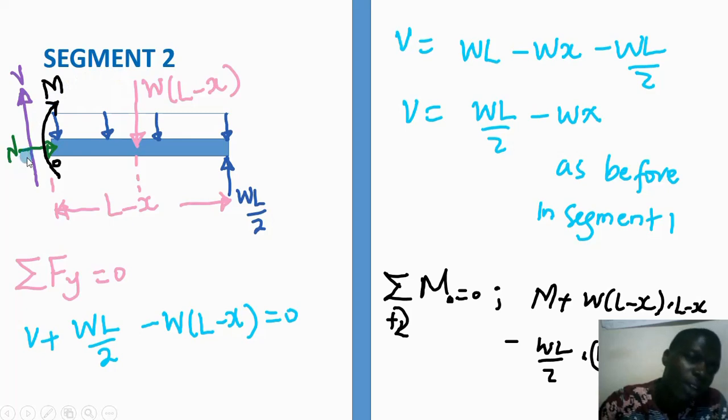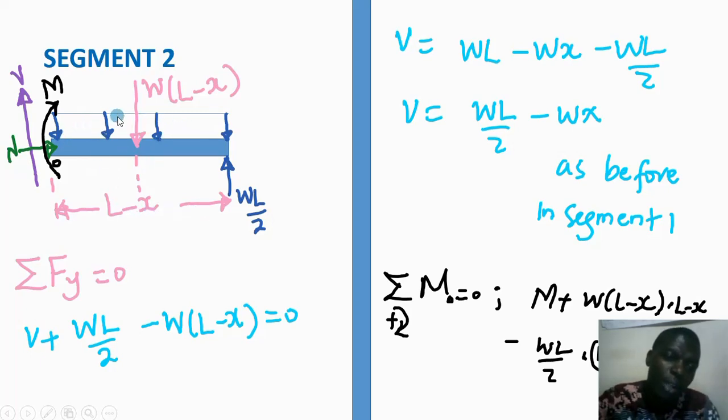For segment 1, when you check in the past video, you will see that it was facing in a counterclockwise direction, so that at the end of the day they cancel out each other. Likewise, shear force was facing vertically downwards, and now in this segment it should face vertically upwards to also cancel out that particular effect.